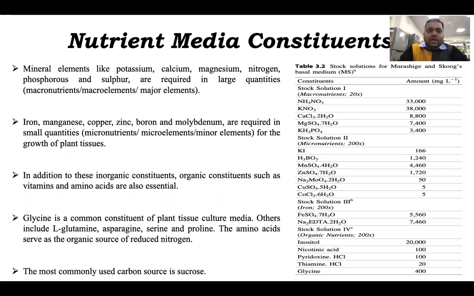We are quite well aware that some mineral elements are required in larger quantities, which include calcium, magnesium, nitrogen, phosphorus, and sulfur. We call them macronutrients, or major elements, or macro elements. Other mineral elements such as iron, manganese, copper, zinc, boron, and molybdenum are required in small quantities, and hence are known as micronutrients or microelements.